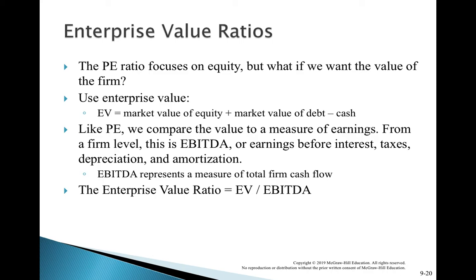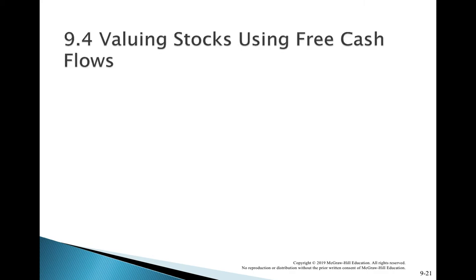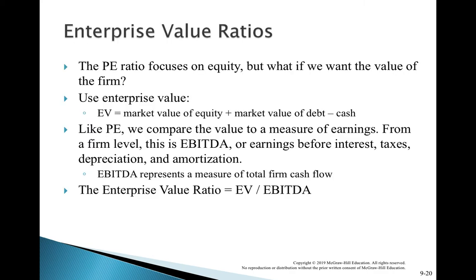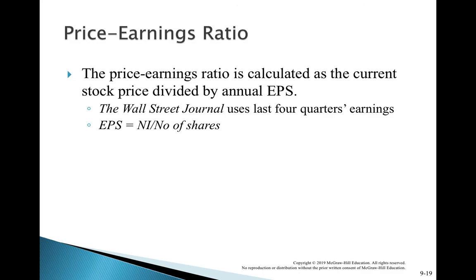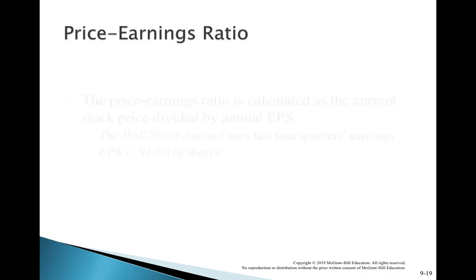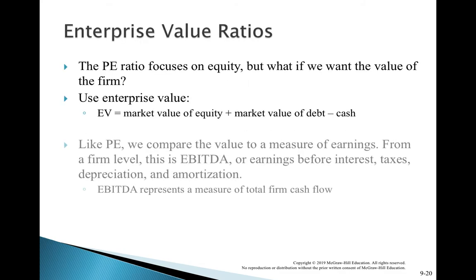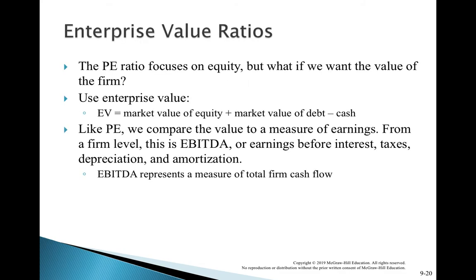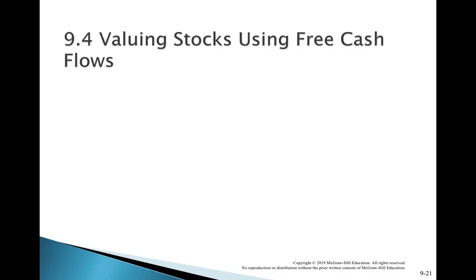So enterprise value divided by EBITDA will give you the enterprise value ratio. So I hope this is clear to all of you how to use the relative valuation or the comparables to get the valuation of the stock and valuation of the firm. Valuation of the stock you can do through the price earning ratio. Valuation of the firm you can do through the enterprise value ratio, like enterprise value divided by EBITDA.